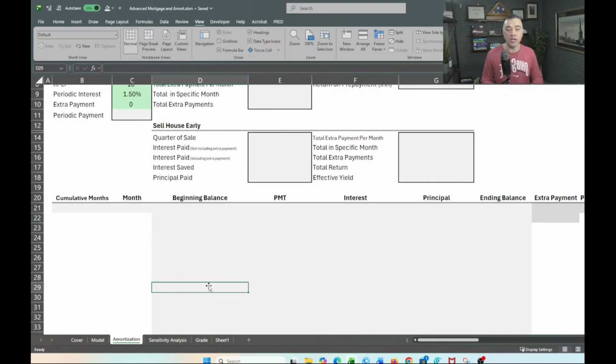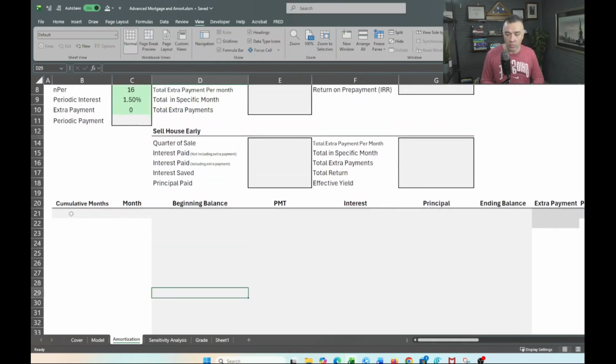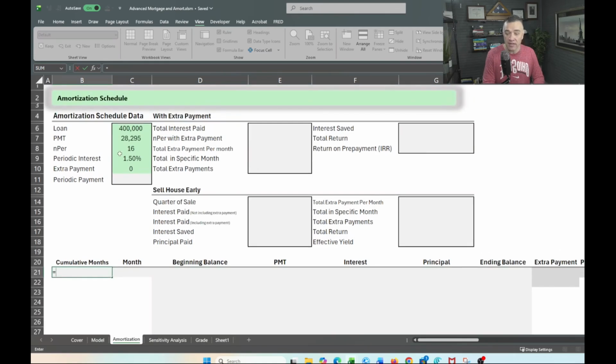If I do 30 years times 12, that's 360 rows, and I don't feel like scrolling down. So a couple of things to do our calculations. I want cumulative months, perfectly counted, 1 for each MPER we have. I want 16 ones.